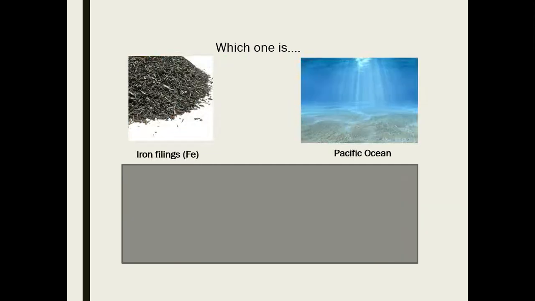Okay, let's look at these two. Iron filings or the Pacific Ocean? Which one is a mixture? A dead giveaway over here is iron filings is Fe. That's just saying it's an element on the periodic table. As opposed to the Pacific Ocean, if you got all those fishies out there, you can see that they're all mixed together, the fish and the salt and the sand and the squids and the octopus, whatever. They're all over the place.